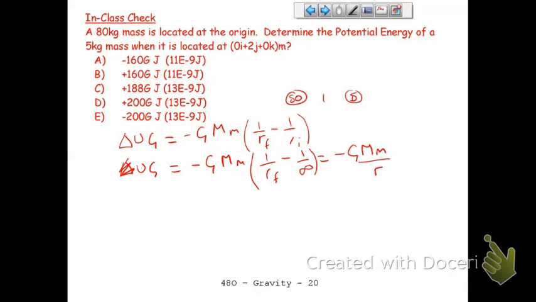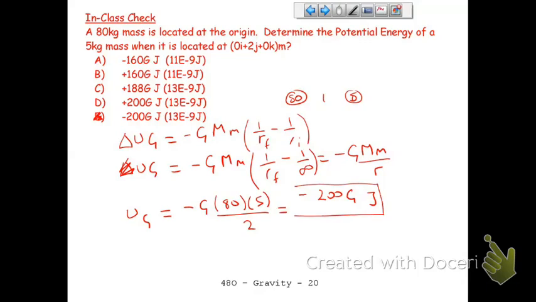So UG is equal to minus G, big M is 80, little m is 5, over 2, which equals minus 200 G joules. Cool?